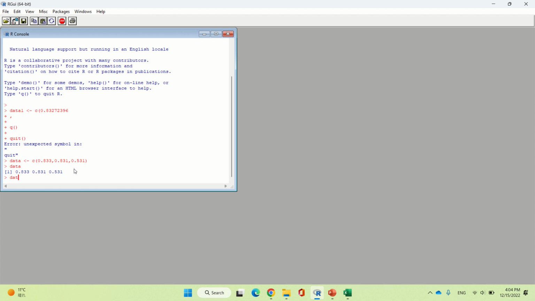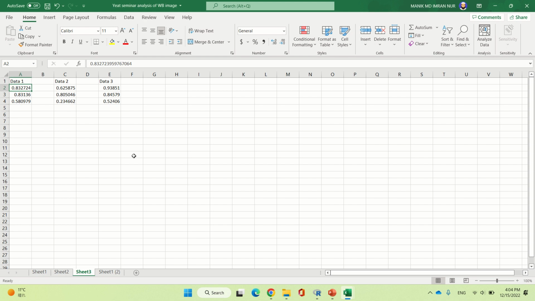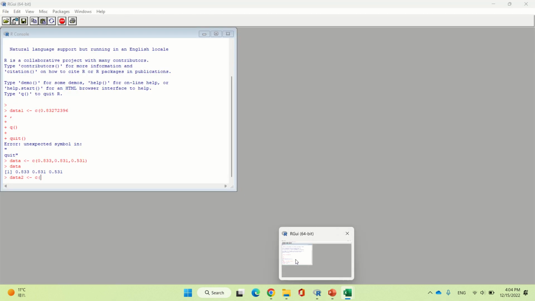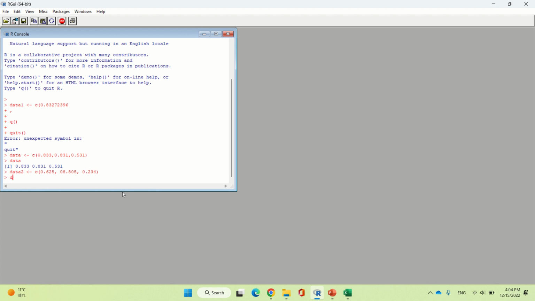0.625, 0.85. Hit enter, write data. Now press enter.